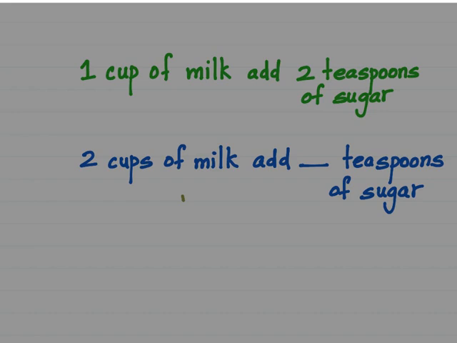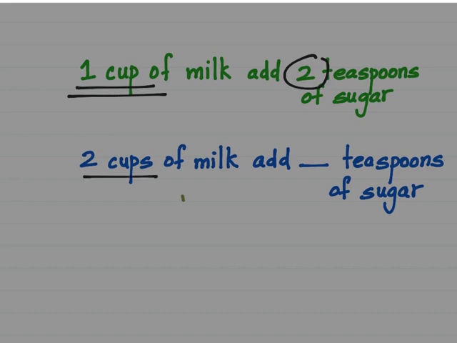Okay. 1 cup of milk. For 1 cup of milk, you have to add 2 teaspoons of sugar. Now the question is, for 2 cups of milk, how many teaspoons of sugar will you add? Just think, for 1 cup, we have to add 2.